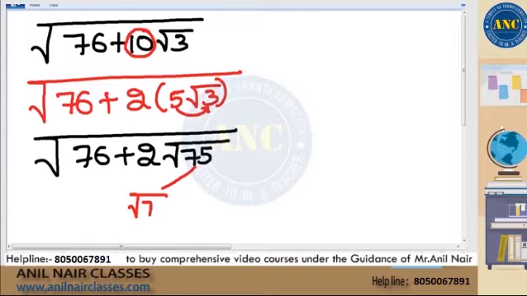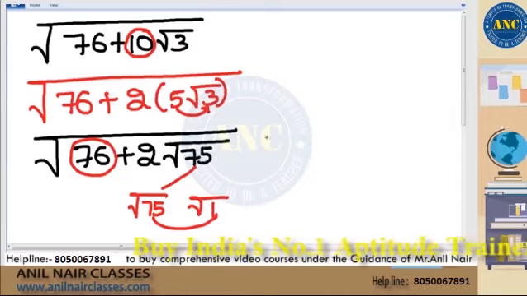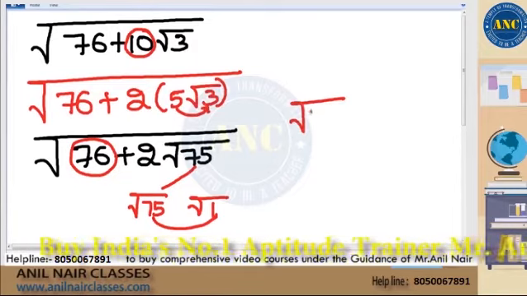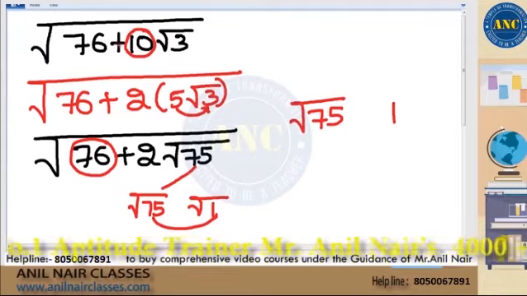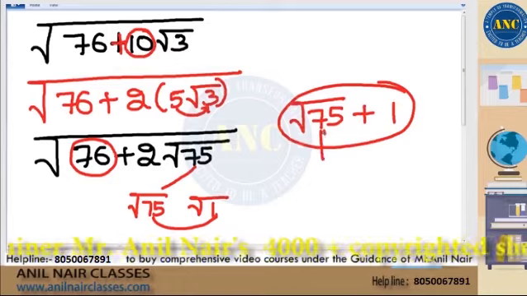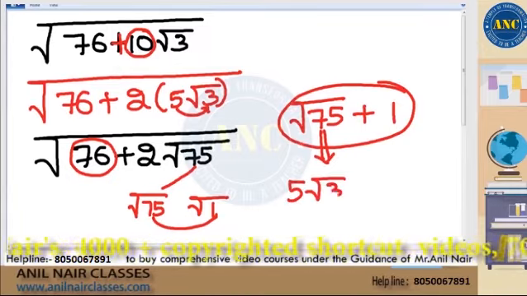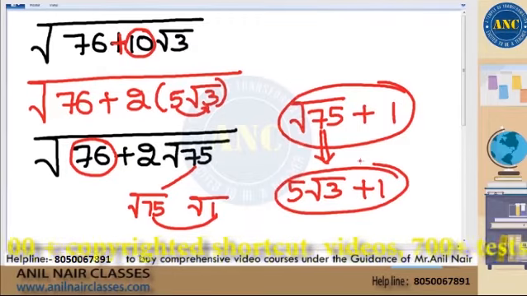But 75 can be written as 75 into 1. Why? Because 75 plus 1 is 76, which is what I have here. Directly I can write first term root 75, next term root 1. Because it is plus in between, it is plus. This should be the answer. If you want to simplify this, 75 is 25 into 3, which is 5 root 3 plus 1. Answer should be this.